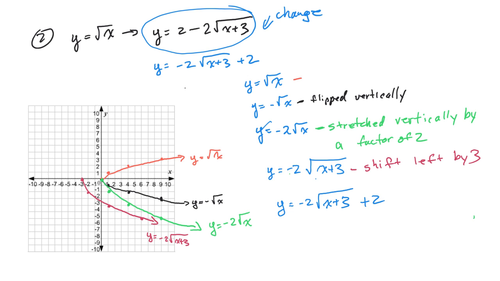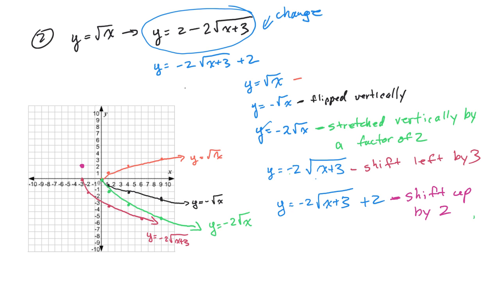So this thing is a shift up by 2 points. The first point at 0, negative 3 goes up to here.